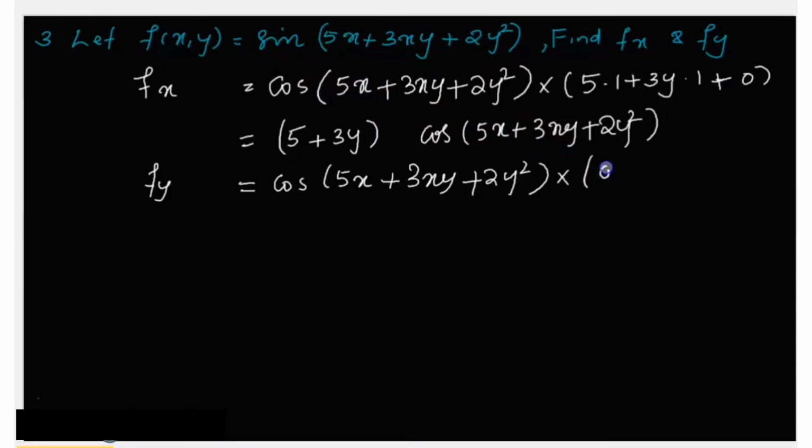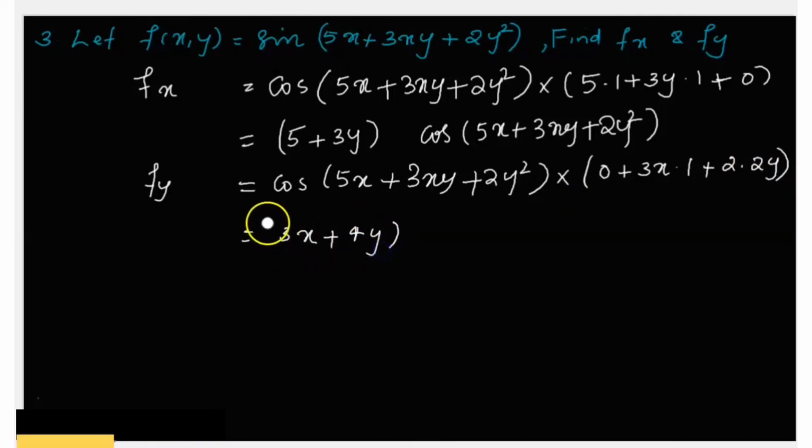So the first term derivative is 0 because 5x is a constant. Then in the second term 3x is constant and the derivative of y is 1. And the last term 2 into the derivative of y² is 2y. So after simplifying, what do you get? (3x + 2 into 2y, that is 4y) into cos of (5x + 3xy + 2y²).